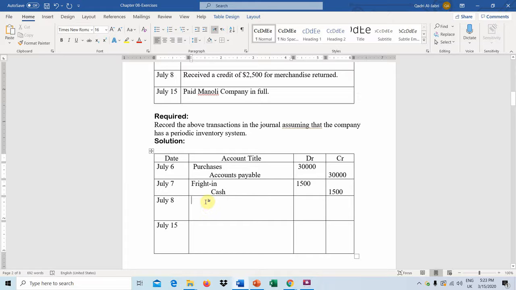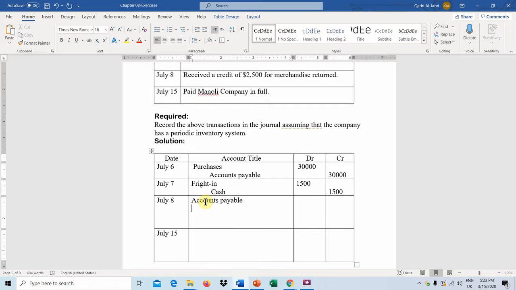So in this one, I will debit accounts payable, and I will credit, instead of inventory, purchase returns, with an amount of 2,500, and for this one 2,500.